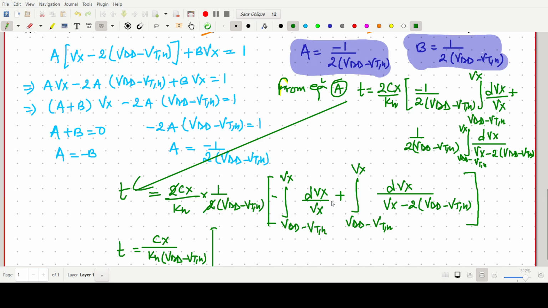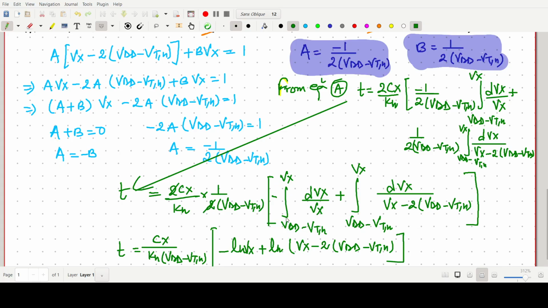Now I am doing one final step. Like this one, we can write as minus ln Vx, and plus ln of (Vx minus twice (VDD minus Vtn)).